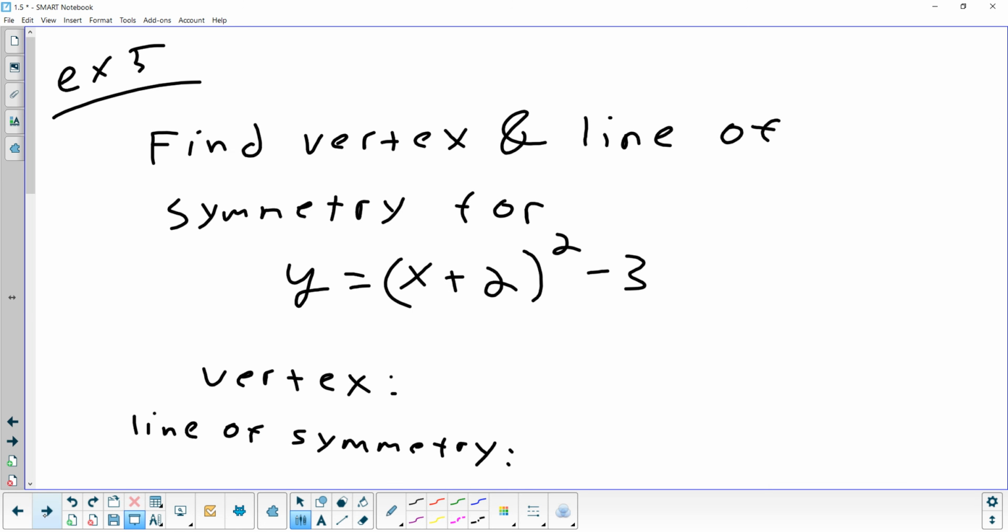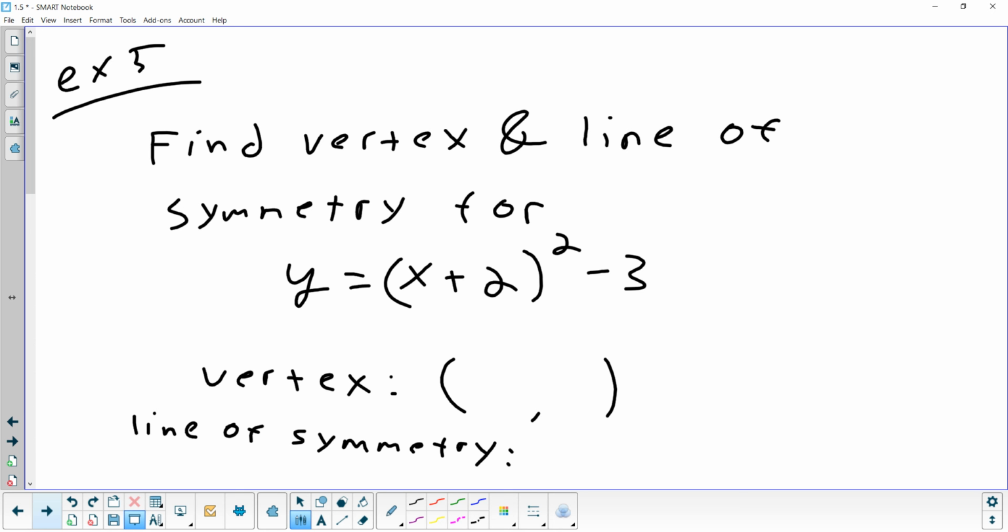All right, so let's look at this one and see if we can find the vertex and the line of symmetry. Let's start with the +2. Caleb, what's the +2 going to do? +2 is going to shift it to the left.